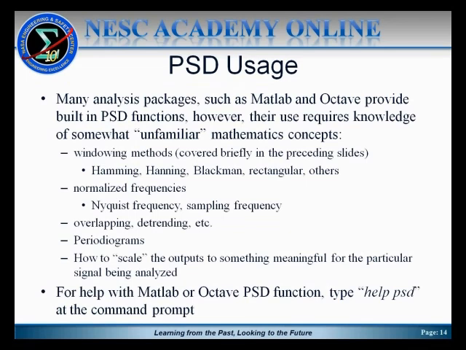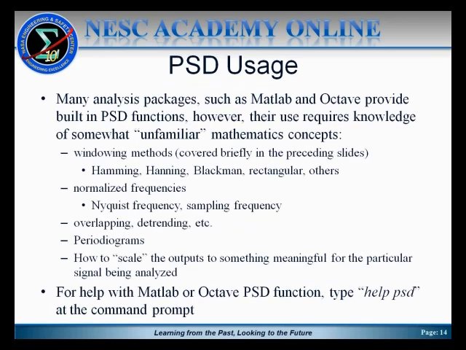They also use something called periodograms, which you wonder, what is a periodogram? Basically, it's the name that was given traditionally for computing the spectral content of data, and it's a visualization of the spectral content. And then also how to scale the outputs to something meaningful.